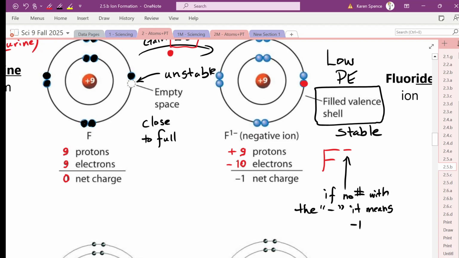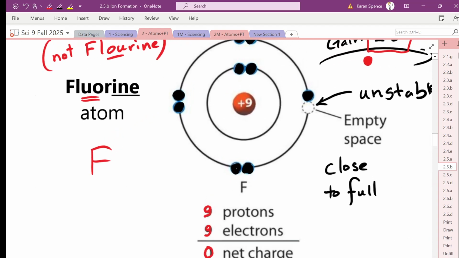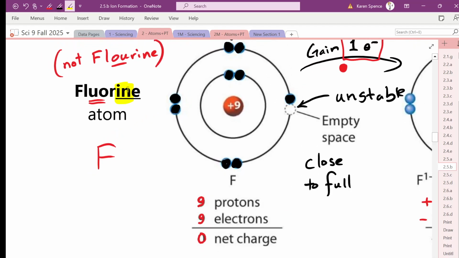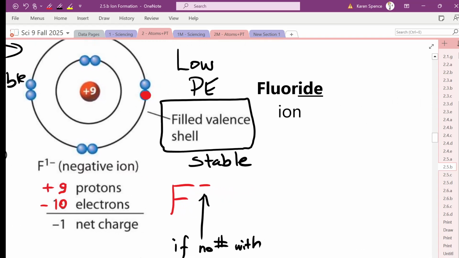Now, the weird thing about nonmetals is that when we turn them into ions, their name actually changes. It used to be called fluorine. But now that it has a negative charge, it gets called fluoride. Okay? Negative ions change their names.